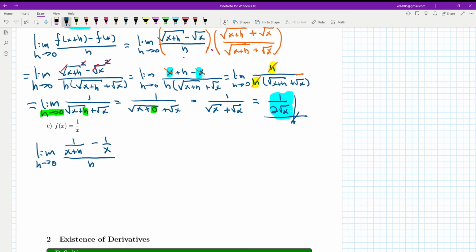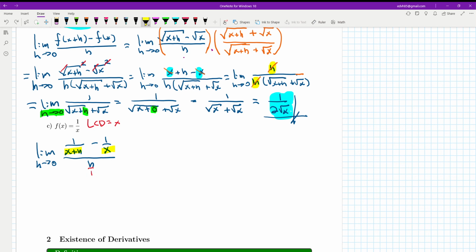And I also did one example very similar to this one back in section 2.1, where we needed to multiply numerator and denominator by the least common denominator. So you might want to think of this h as h over 1, and we need to find the LCD, which is the product of all the different denominators, right? This one and that one.